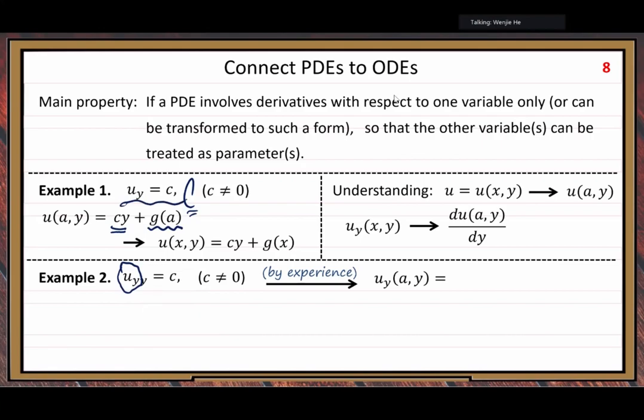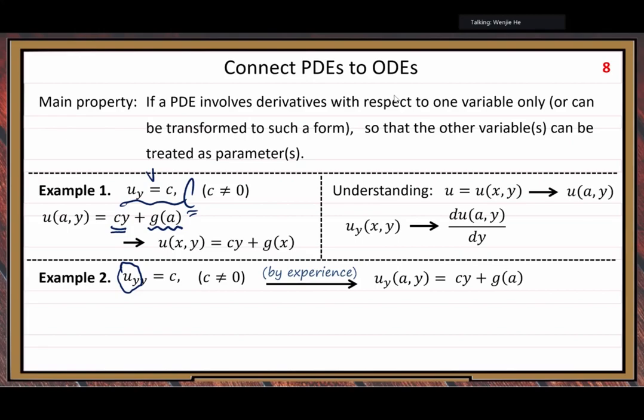U partial y as the solution of our example 1 solution. We can write it explicitly because we have this solution. So u sub y of x comma y equals cy plus g of x.